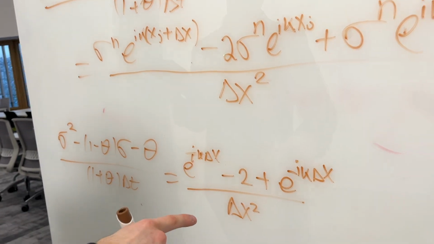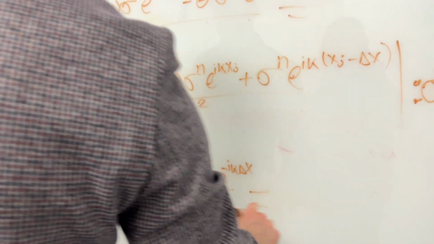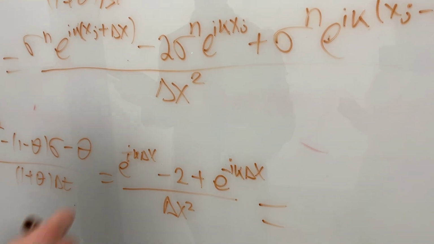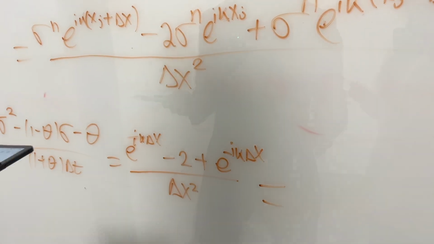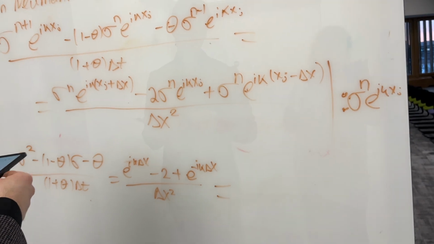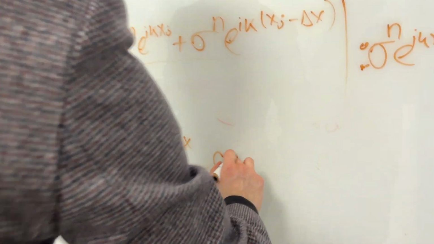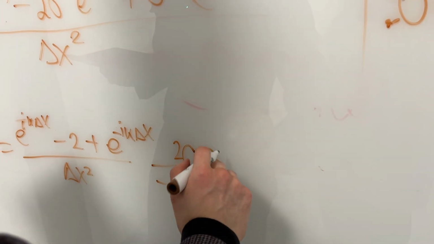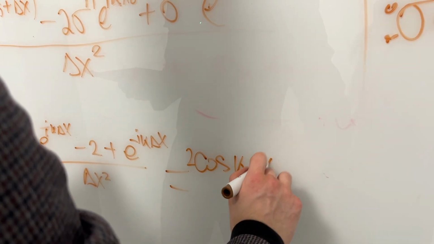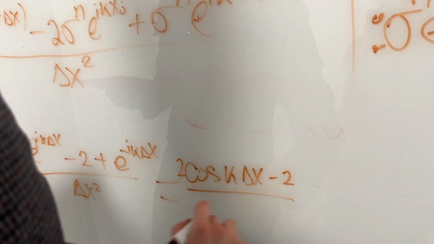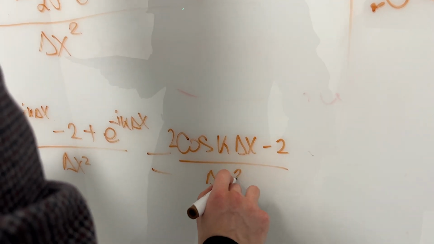Now I want to simplify the right hand side. If you have two exponents, you can make some cosine or sine function, and here it will be cosine, and actually it will be 2 cosine of k delta x minus 2 divided by delta x squared.